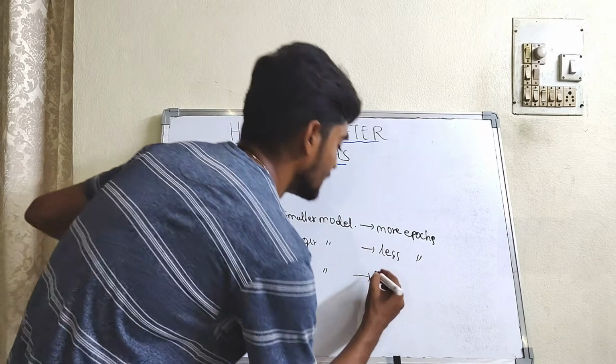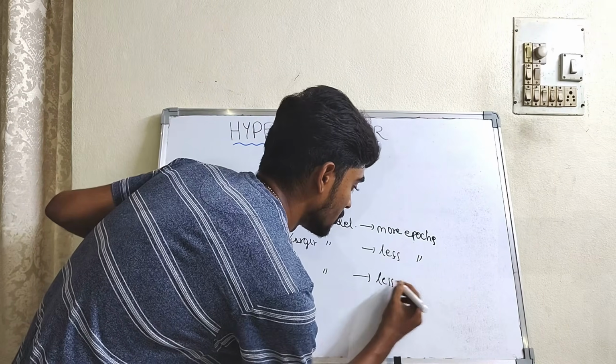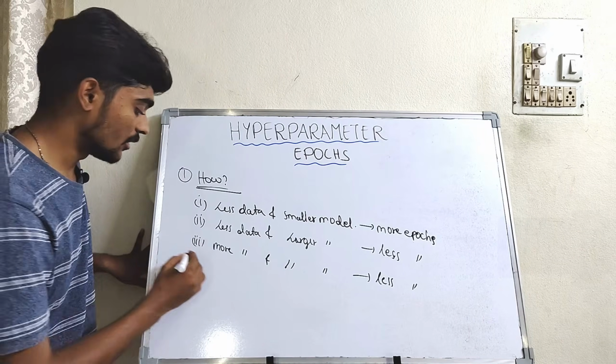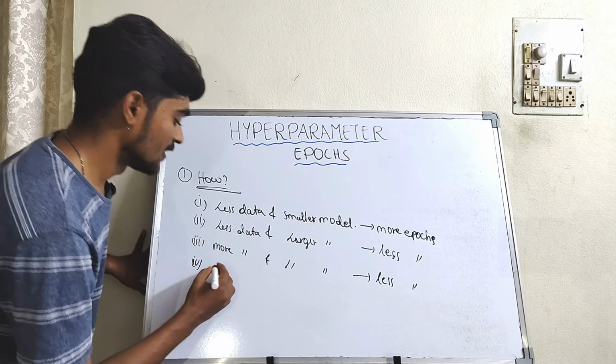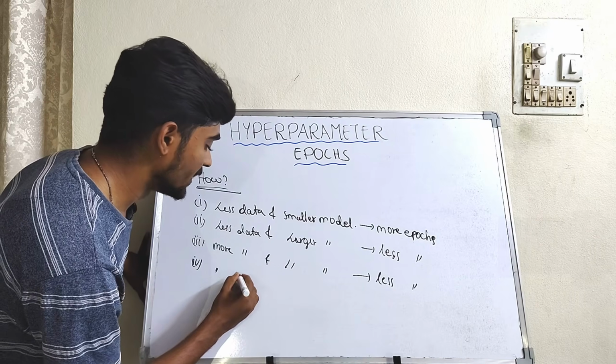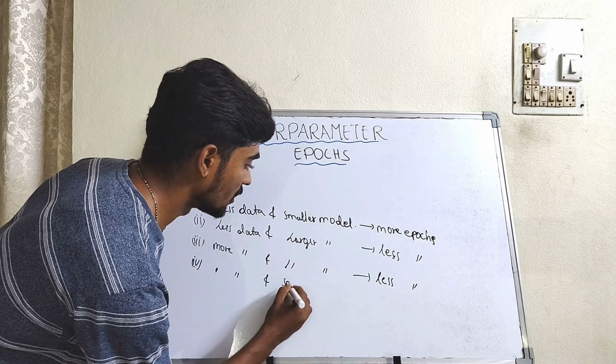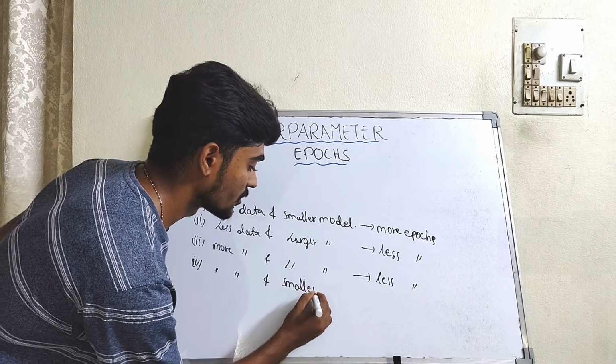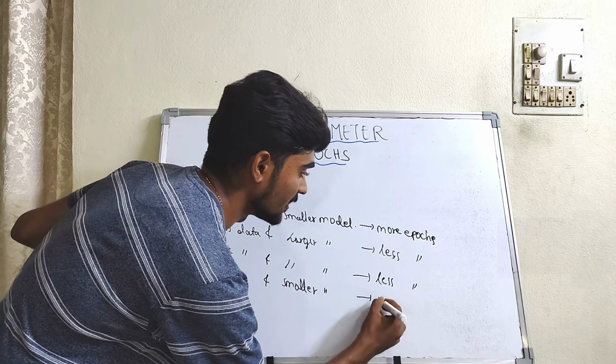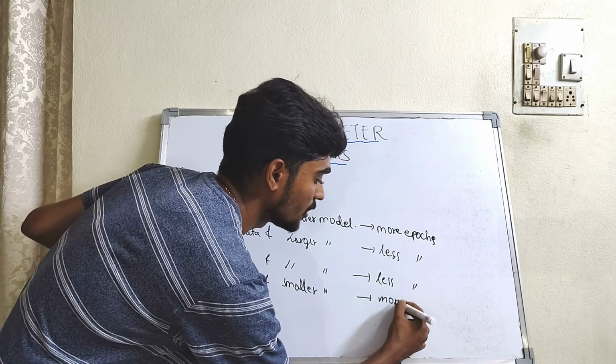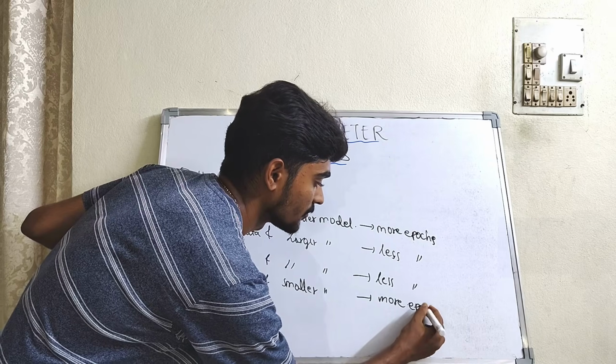In this case we basically need fewer epochs, right? Now in my fourth case I'll be having more data and a smaller model. In this case I'll be having more epochs.